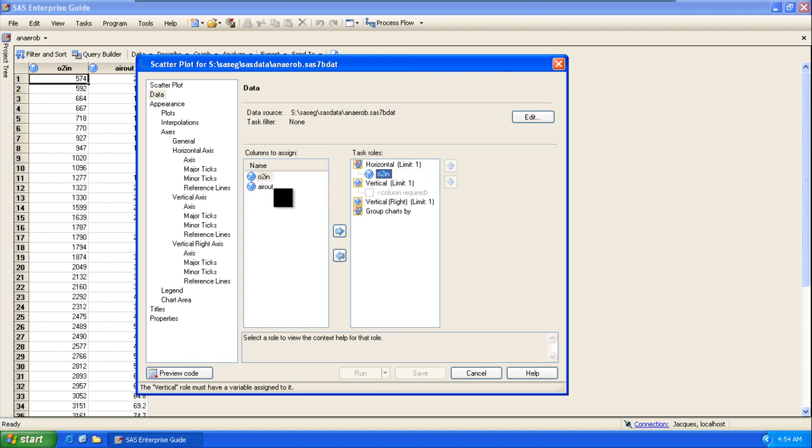Oxygen uptake horizontal and air out vertical on this.